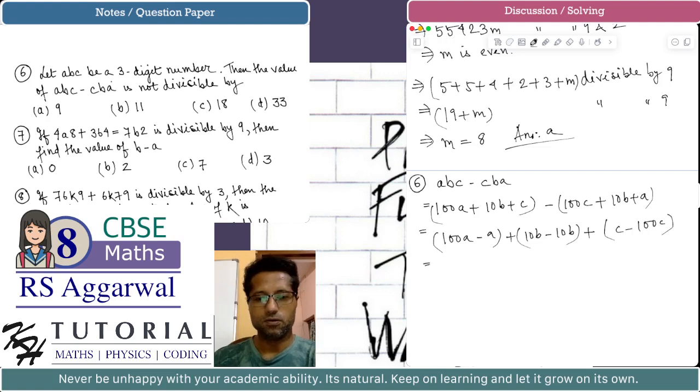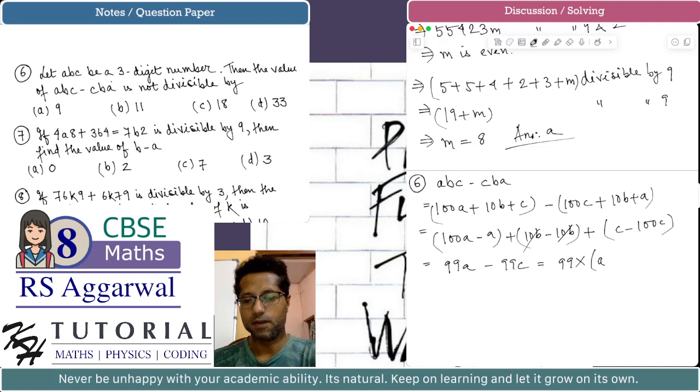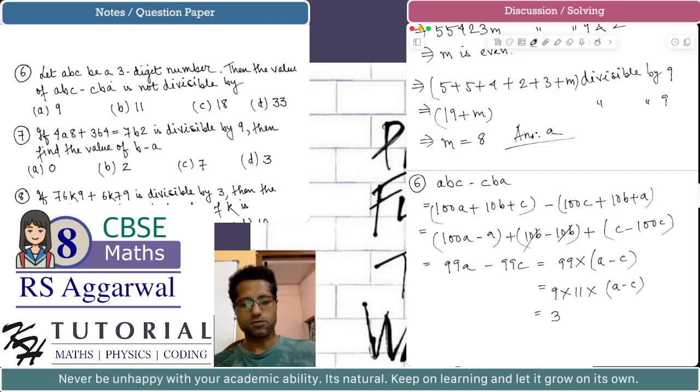So this is equal to 99A, 10B gets cancelled out, and we get minus 99C. We can take out 99 as common, and we get 99 multiplied by A minus C. Now 99 can be written as 9 multiplied by 11 multiplied by A minus C.